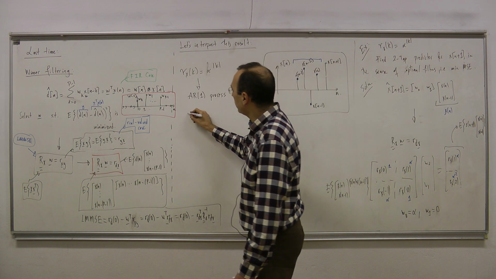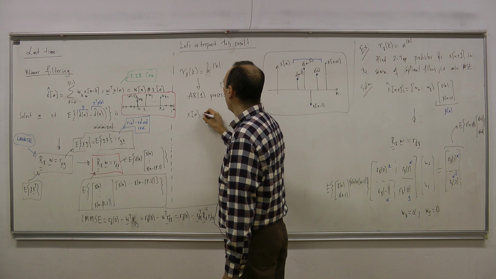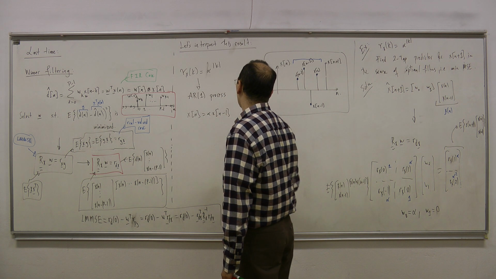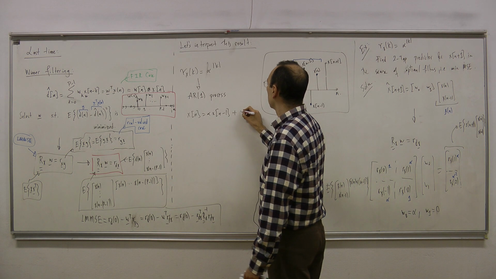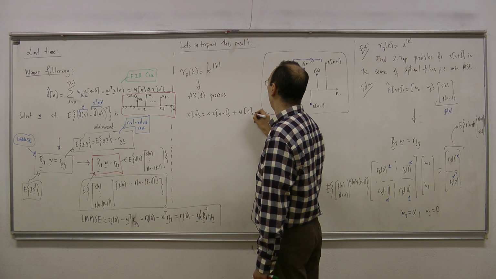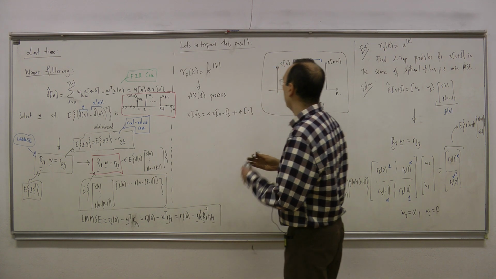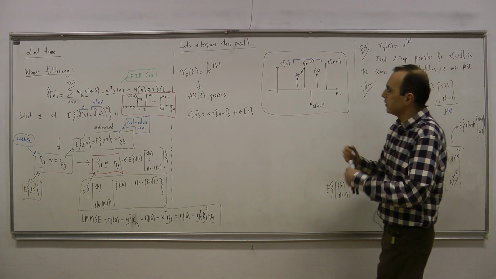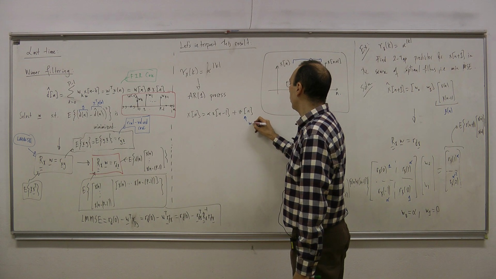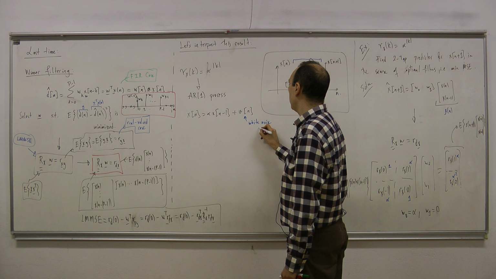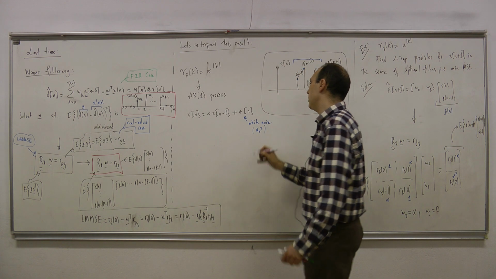Maybe you can remember, if I define my x of n like this, plus w of n. Or let me write v of n, because there are some w's over here. So what is this? This is white noise with variance, I think we are clear, sigma v square.